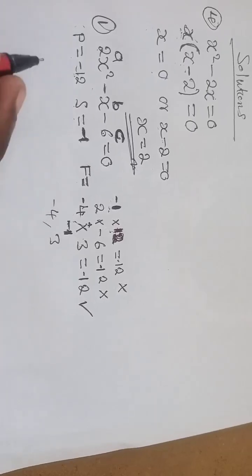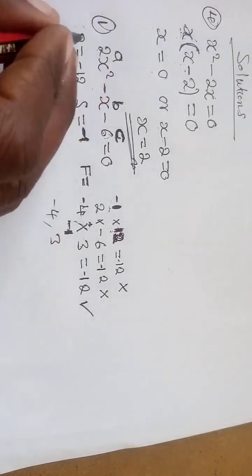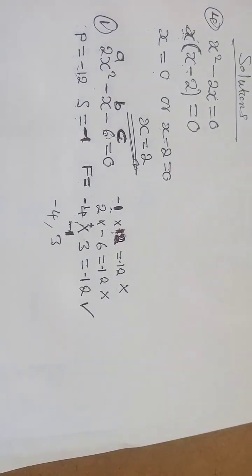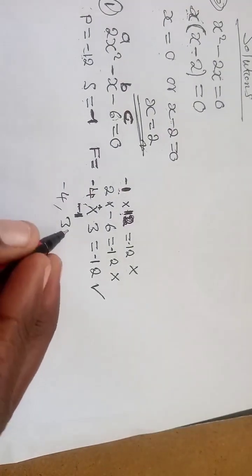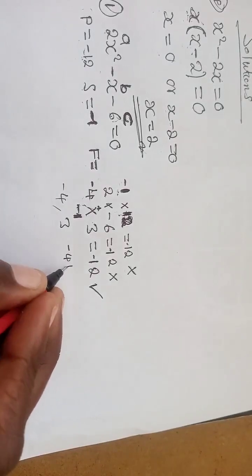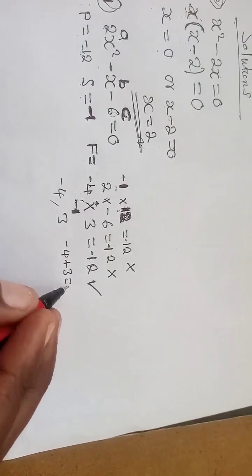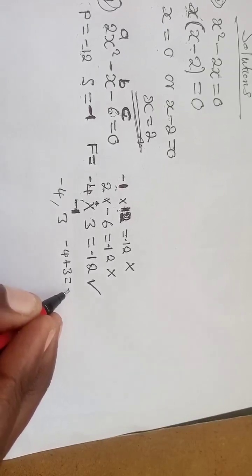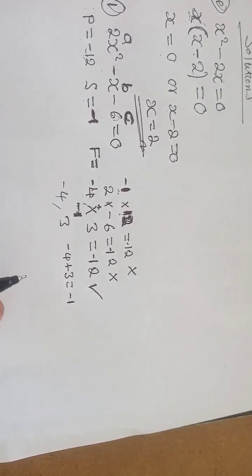So let's solve now. So we'll get this same equation. What I mean is when you add these two, so let's say -4 plus 3, the answer is going to be -1.